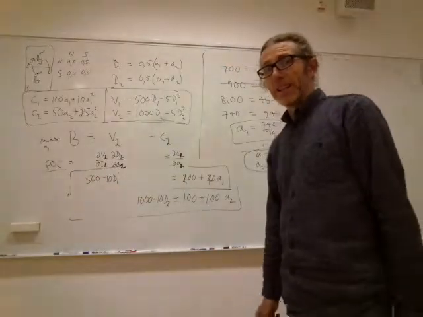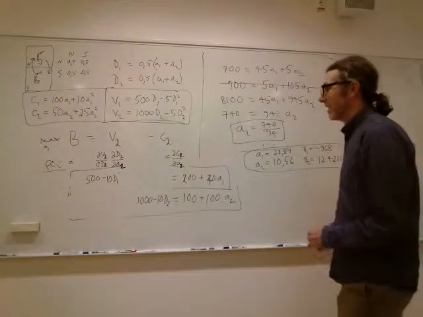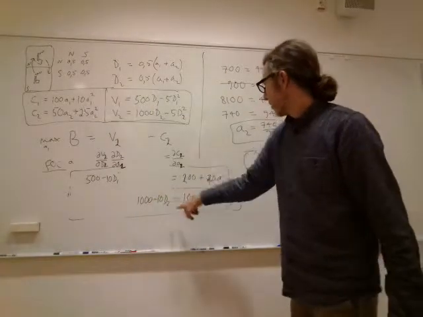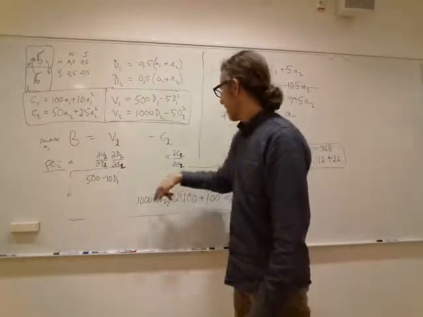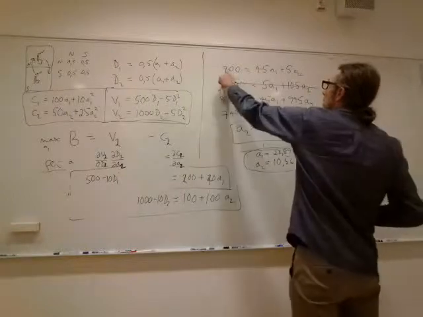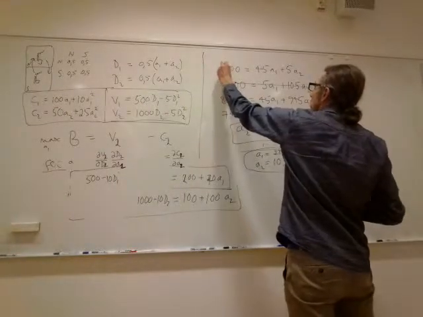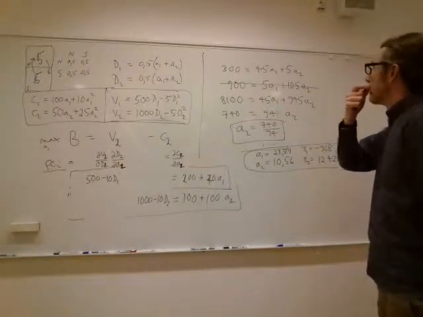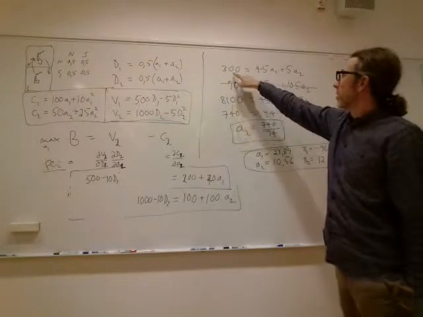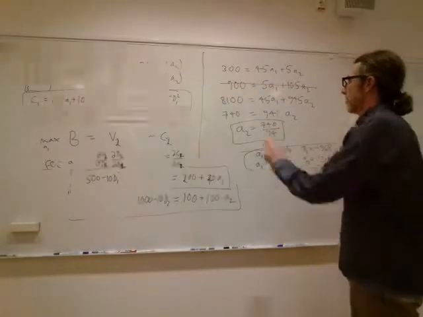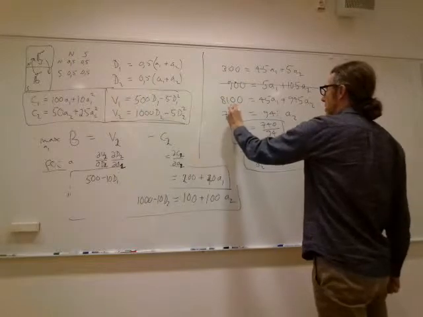Okay, I found one mistake. Let's see if there are any others. So this is 900, that's right, but 500 minus 200 should be 300. So 8,100 minus 300, 7,800. Oh, this is looking much better.